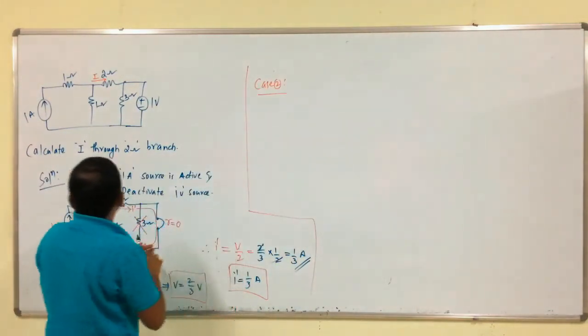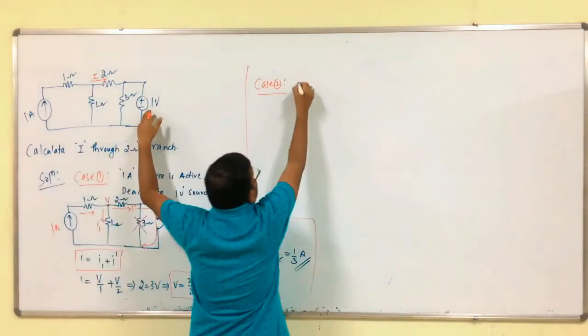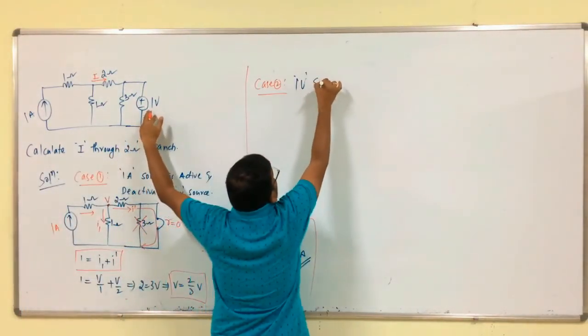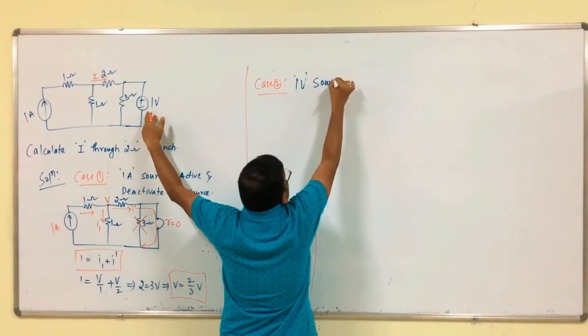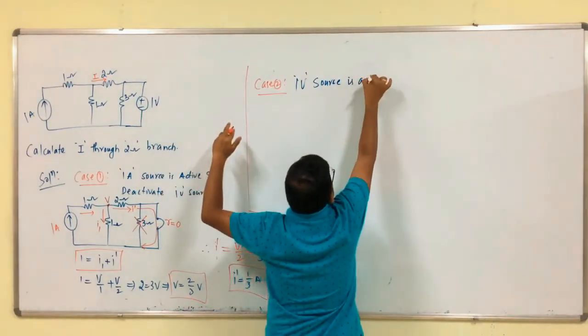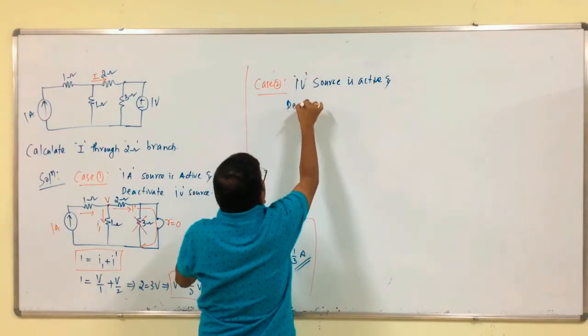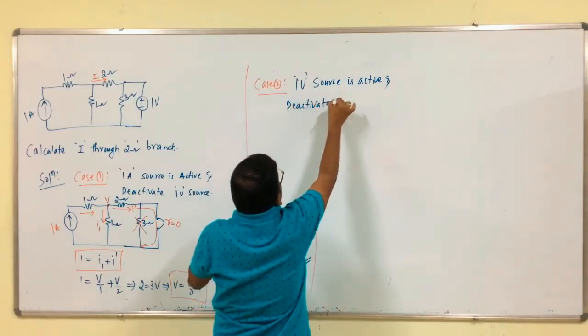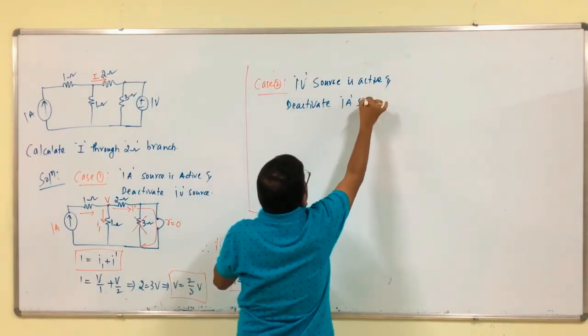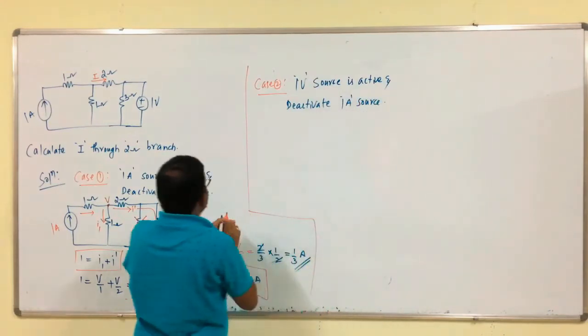Now, let us do case 2. In this case, this voltage source should be active and we deactivate the 1 amp source.